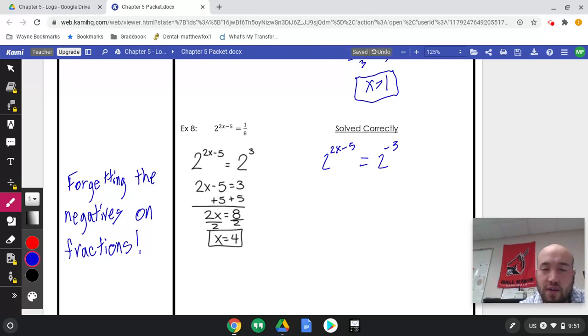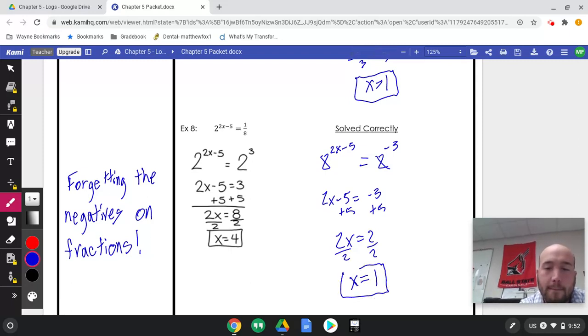So now that we got it set up correctly, we can just do 2x minus 5 equals negative 3, because those cancel. Add the 5 over. 2x will equal 2. Divide by 2, and we get x equals 1. And once again, we have solved it correctly.